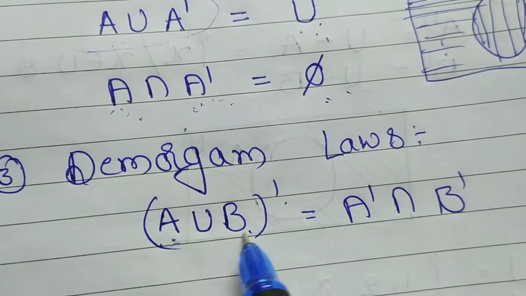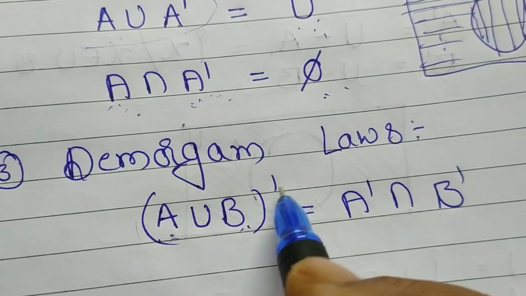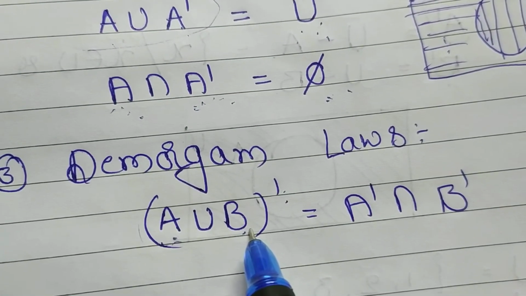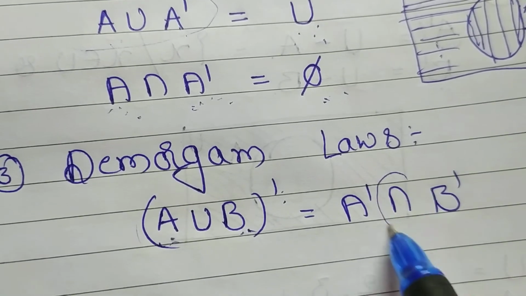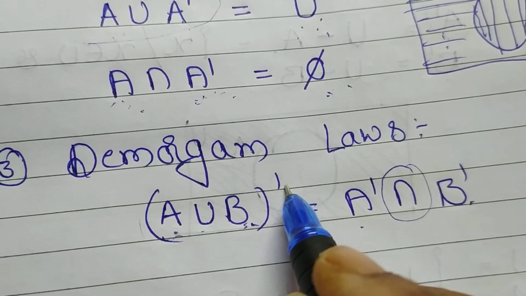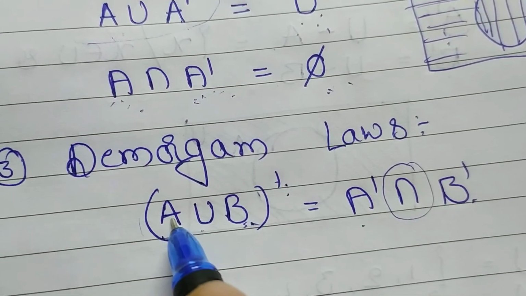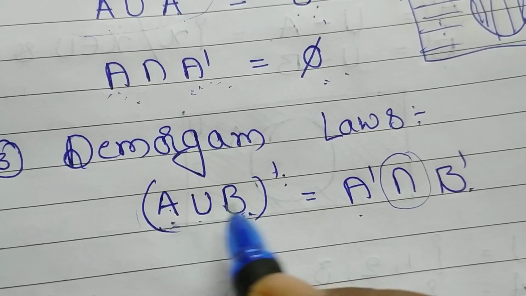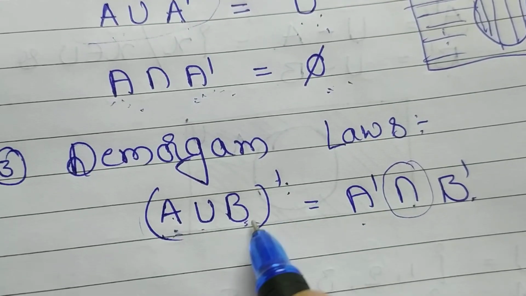If I am taking the complement of the union of two sets, I am going to get the intersection of their complements. A union B whole complement equals A complement, this union will be converted as intersection, B complement.